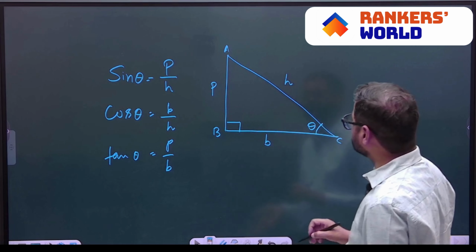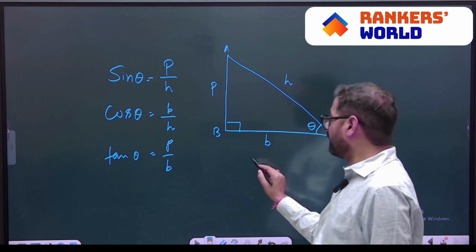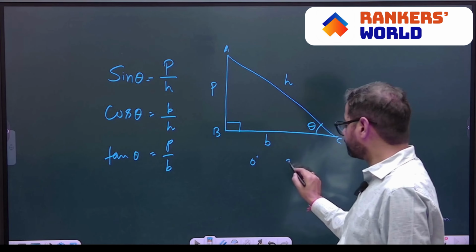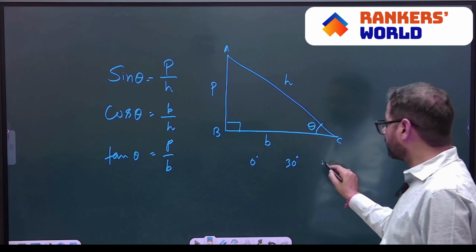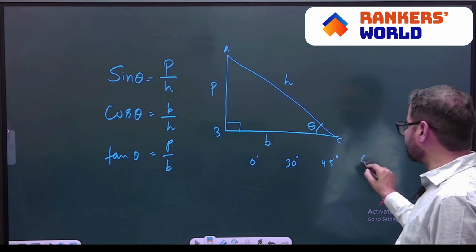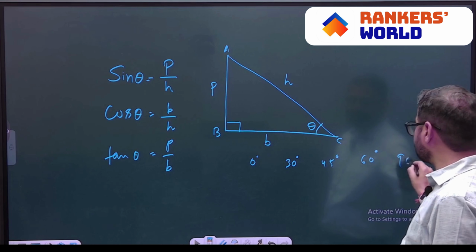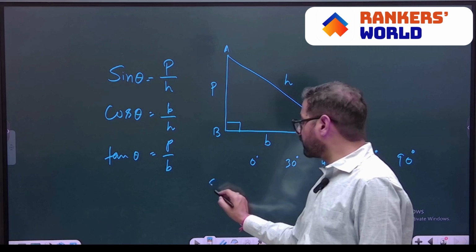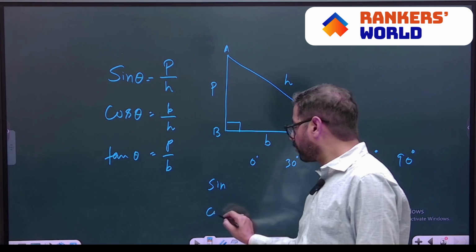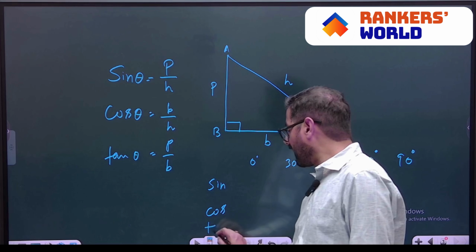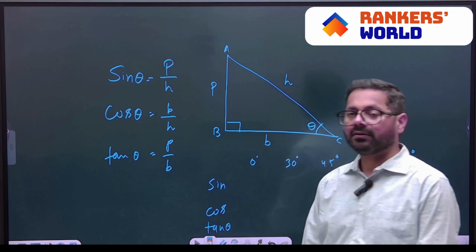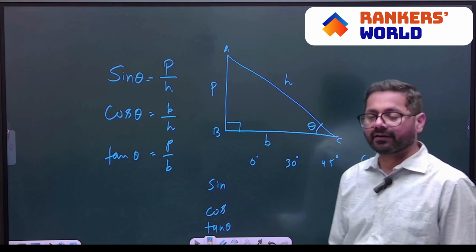You just have to memorize some angles and their values: 0 degree, 30 degree, 45 degree, 60 degree and 90 degree, write down the sine, cos and tan, and try to remember their values.